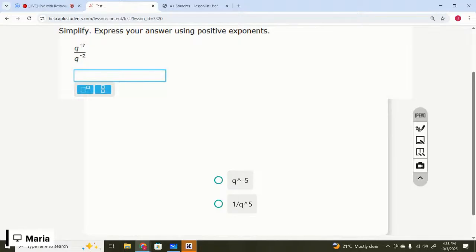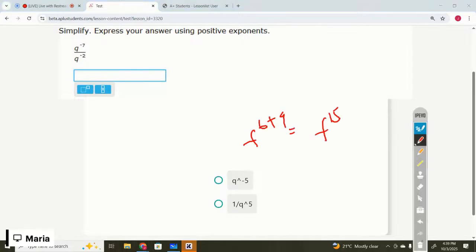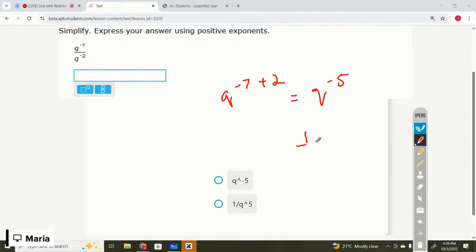Q negative 7 divided by Q negative 2. Q negative 7 plus 2. Q exponent negative 5.